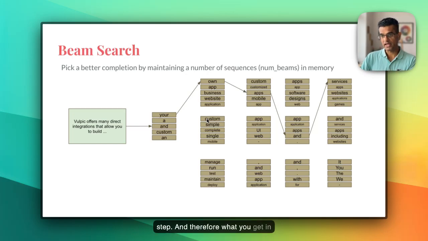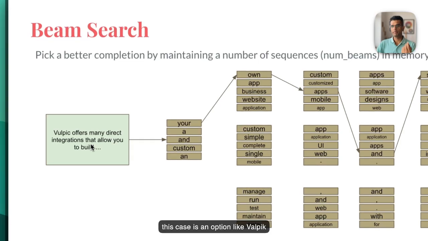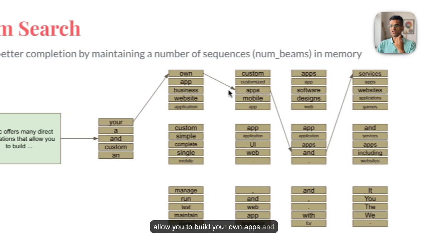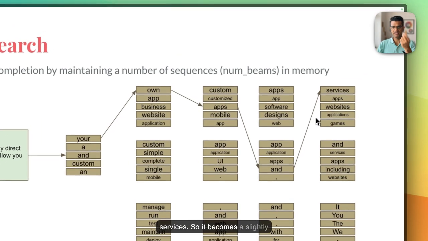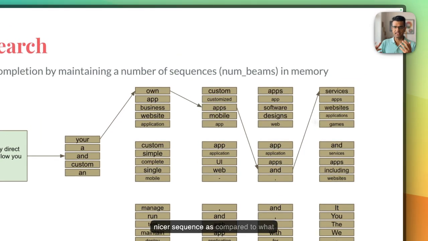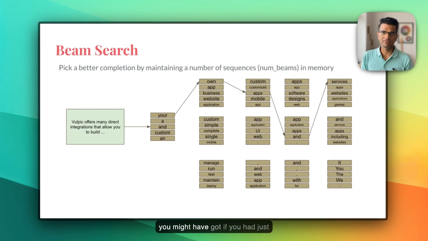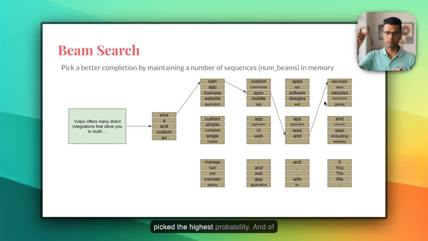And therefore what you get in this case is an option like "Vulpix offers many direct integrations that allow you to build your own apps and services," right? So it becomes a slightly nicer sequence as compared to what you might have got if you had just picked the highest probability. And of course, there is a drawback, which is the fact that you need to maintain this number of beams in memory, right?